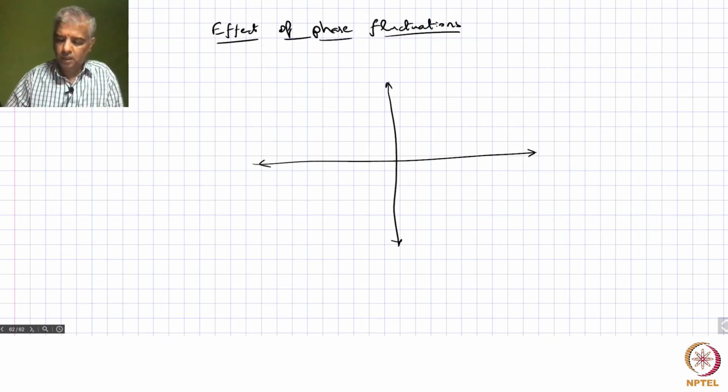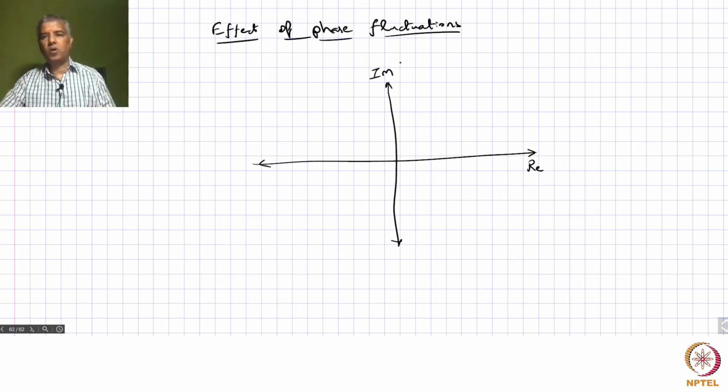To represent a phasor, you take a complex plane, and now you can represent the electric field corresponding to your reference signal, and the electric field corresponding to your measured signal. Let us say the reference signal electric field is like this.